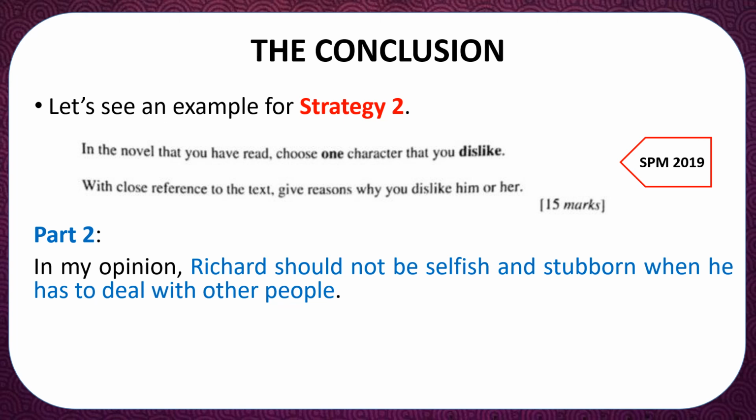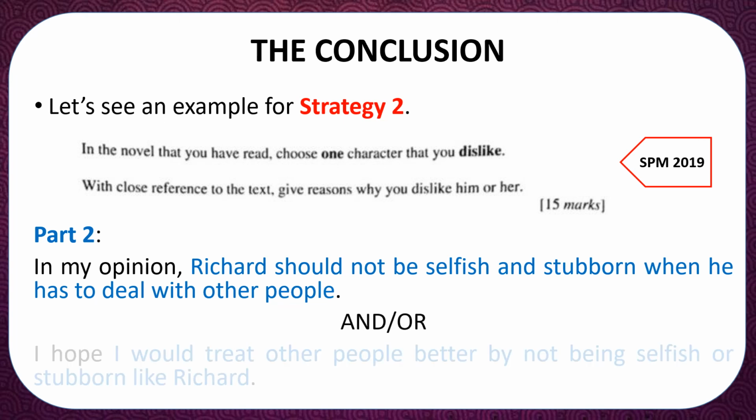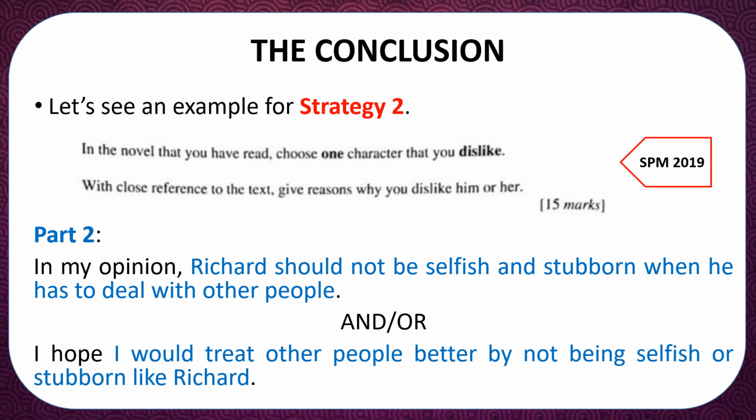So for your hope, okay, I hope I would treat other people better by not being selfish or stubborn like Richard. Because this question asks about negative trait, you should not want to be like that. But if the question asks you about positive traits, then of course you want to be like Richard, like the one we've seen in strategy 1.